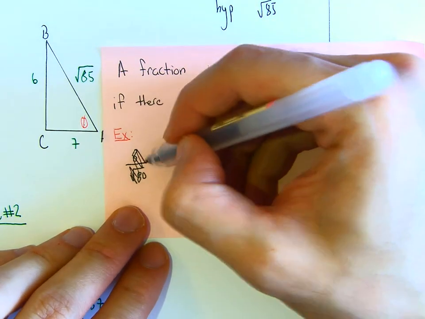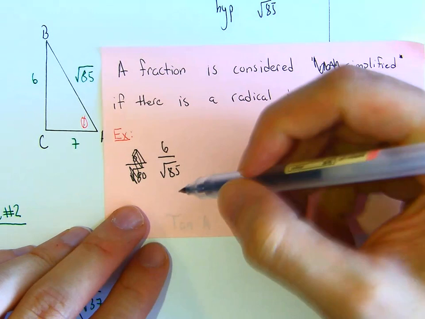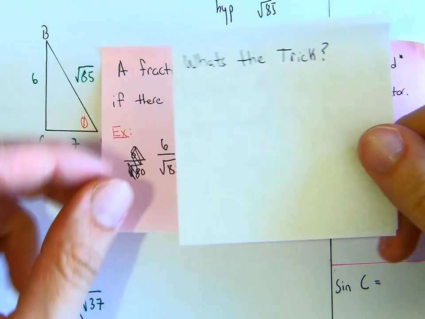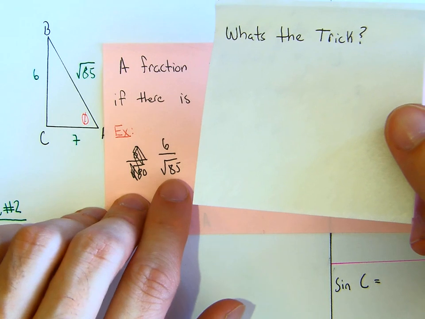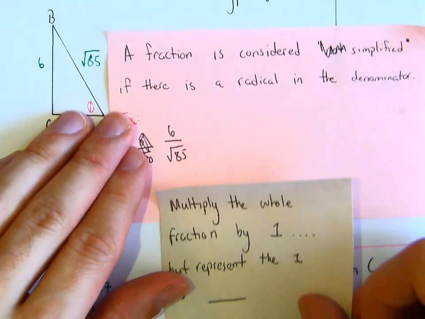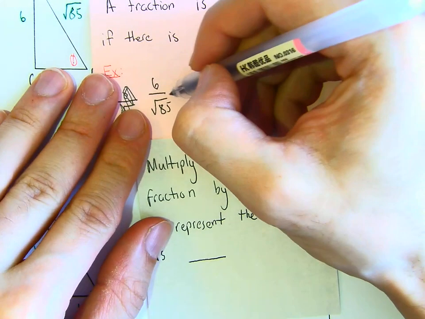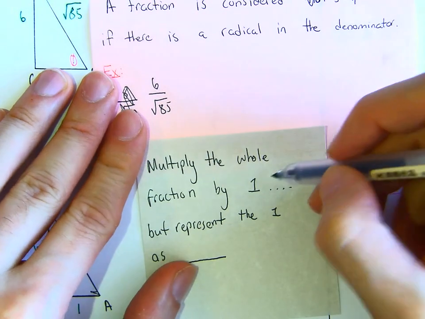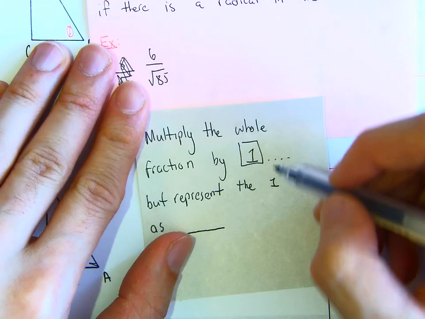So how would you get rid of this radical in the denominator? What's the trick? Okay. If you know, try and do it yourself. If you don't know, the idea is you want to multiply this whole entire 6 over square root of 85 times 1. But how are you going to represent this 1?